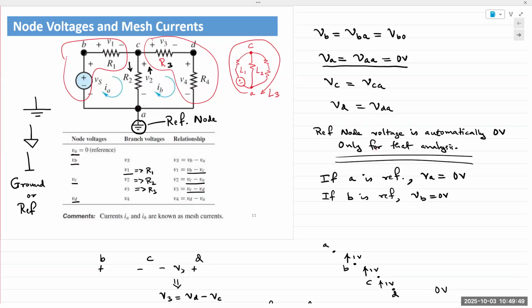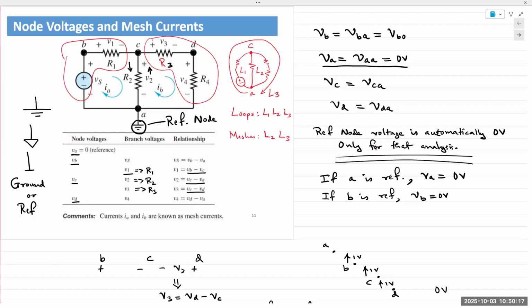If you look at these 3 loops, L1, L2, and L3 are loops. However, a mesh is a simple loop that does not have any other loops inside it. And so meshes are L2 and L3 in this example.